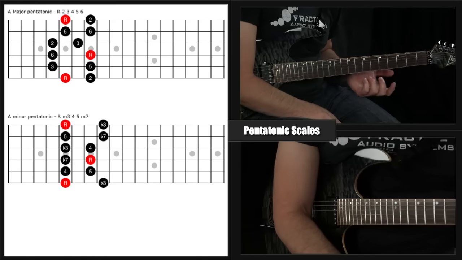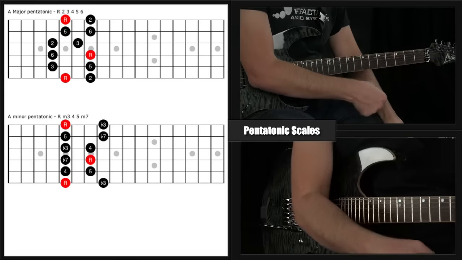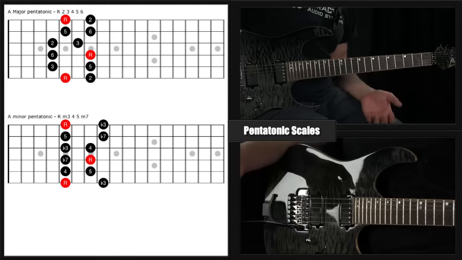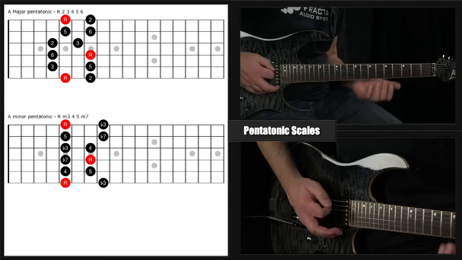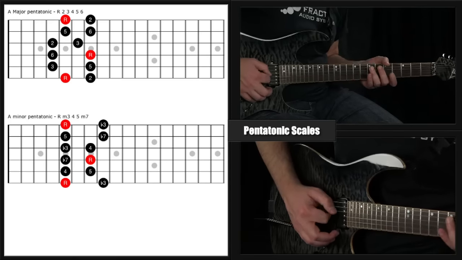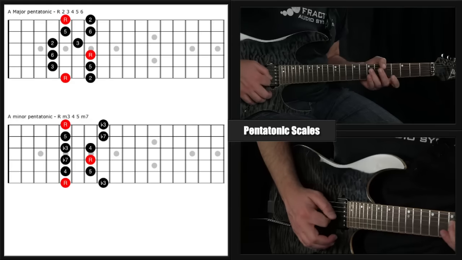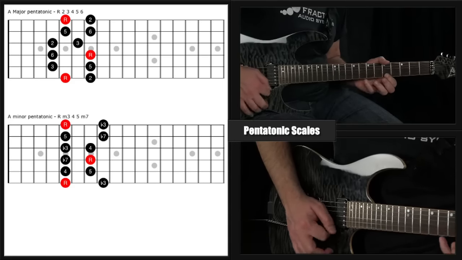And notice that it has 2 notes per string, so that makes it easier. From the low E string to the high E string, we have 2 notes on each string, and these notes are frets 5, 8, 5, 7, 5, 7 again, 5, 7, 5, 8, and 5, 8.